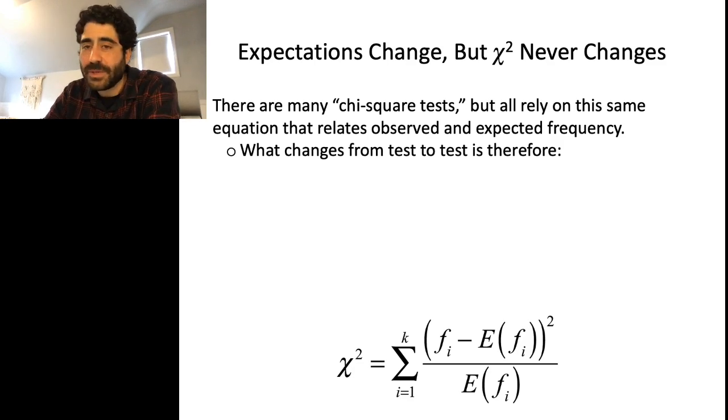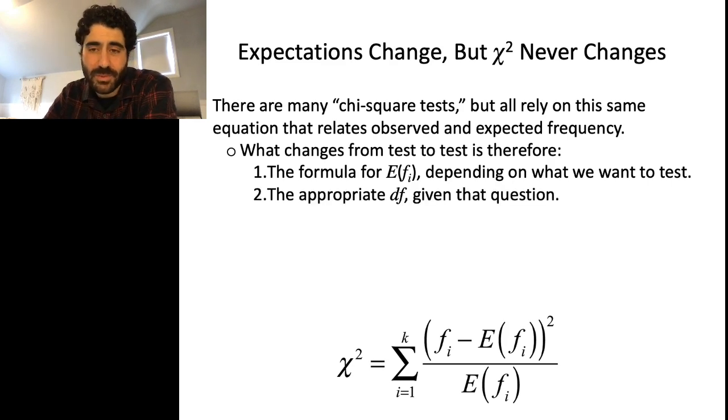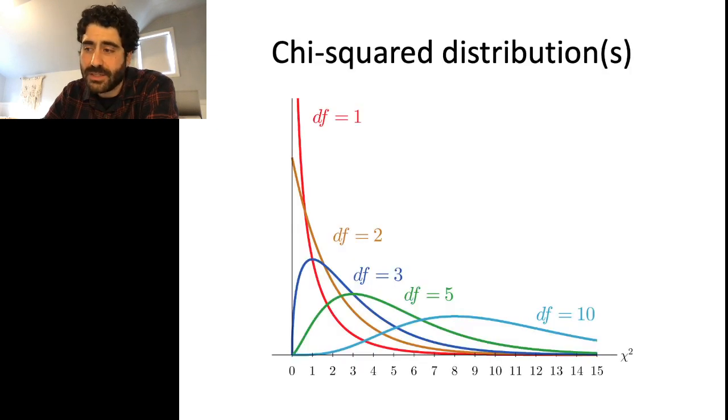Anytime we're running chi-square tests, we need to specify the expected frequencies, and we need to figure out what the appropriate degrees of freedom are. We did part one, and we just need to figure out part two. Here's an example of what these different chi-square distributions look like for different degrees of freedom.